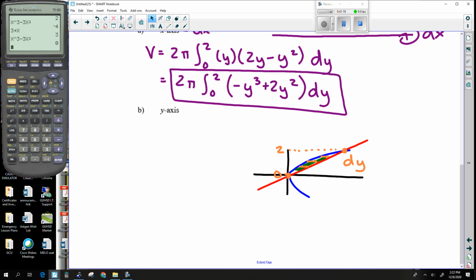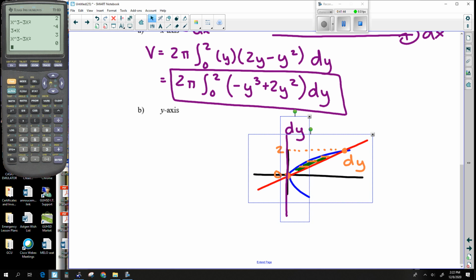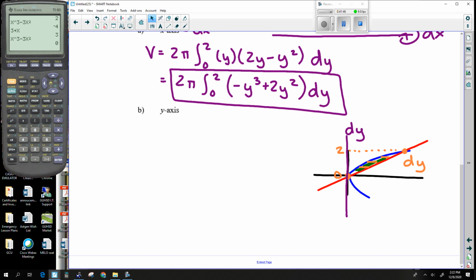Okay, this next problem is asking us to integrate about the y-axis, which is a dy method. And so these things do match up. So this is going to be the pi big R minus little r squareds kind of method. This is called the disk method. So again, the big R from my radius for my axes is the red line, and the little radius is the blue line.